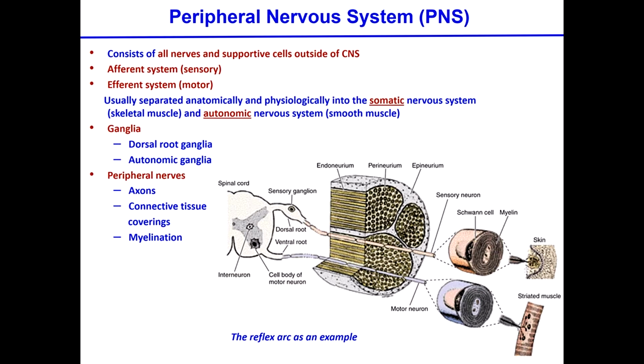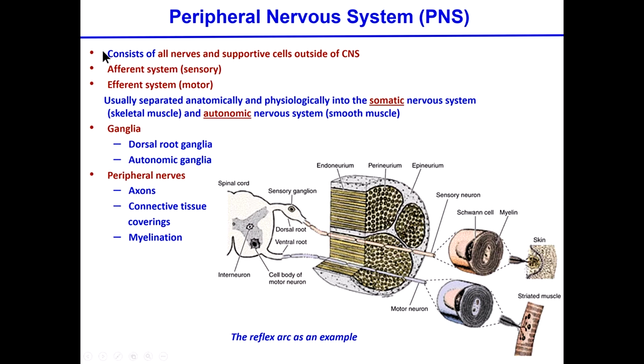So with this, we go into the peripheral nervous system. This, again, is outside of the central nervous system. This is what communicates with the rest of the world, the extrinsic environment and the intrinsic environment, communicating with the central nervous system, letting it know what's going on and if there is anything to do about it.